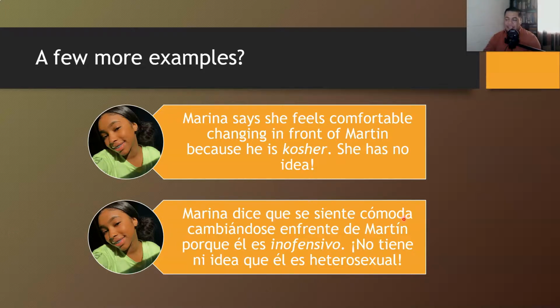"Marina dice que se siente cómoda cambiándose enfrente de Martín porque él es inofensivo. No tiene ni idea que él es heterosexual." So maybe "inofensivo" is not the right word. It's not the most appropriate word, but it's an approximation of what kosher means in this context, right? She believes that Martin is gay, that she doesn't have to worry that he is looking at her only in her bra.